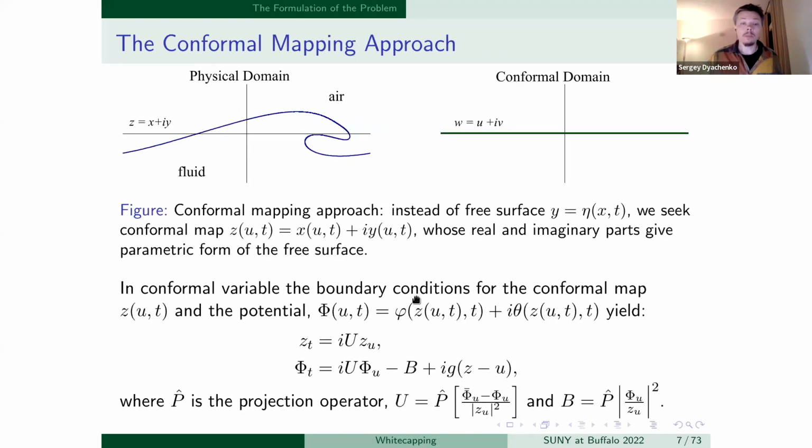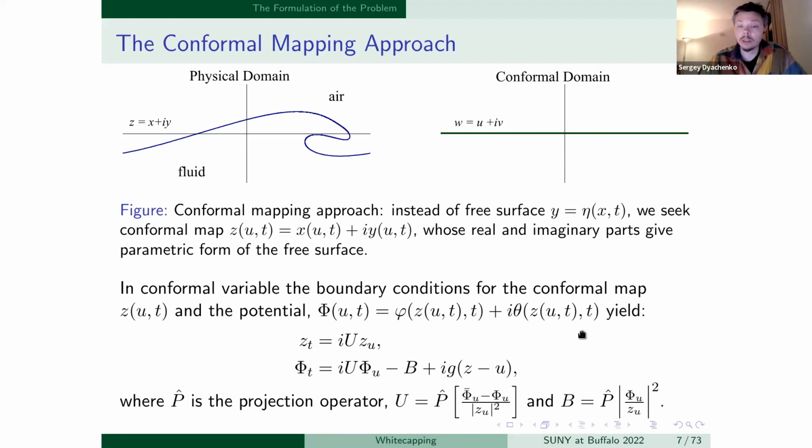And so what you also can see in this system is that you get these functions capital U and capital B involved. Those functions are defined in terms of the so-called projection operator, P hat. This projection operator is essentially related to the Hilbert transform.